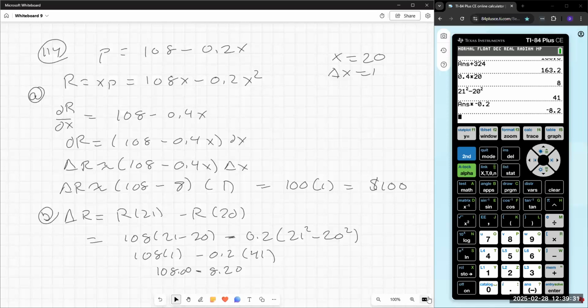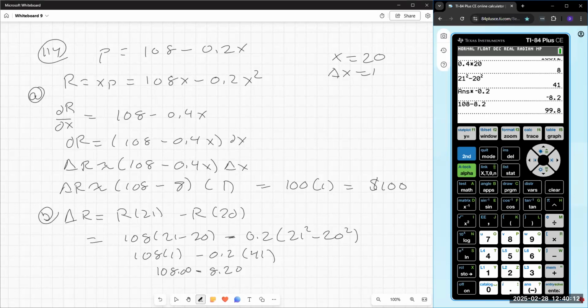Let's see. 108 minus 8.2 is 99.80, and then we're told, oh, this was just part A, is all that there.